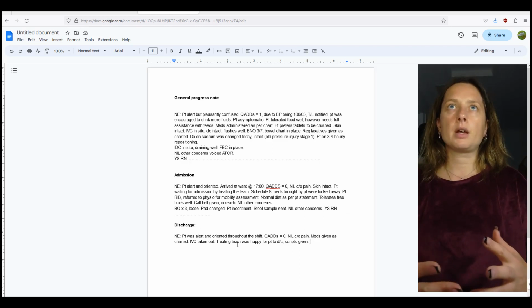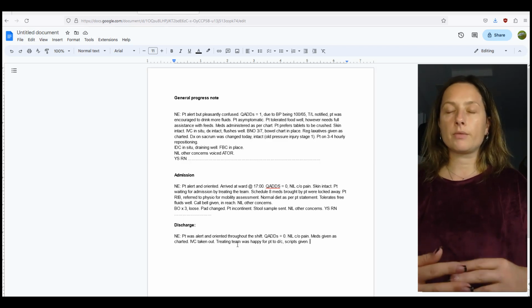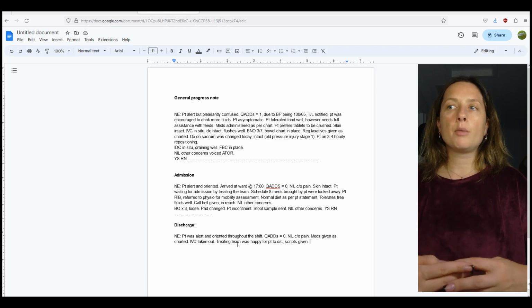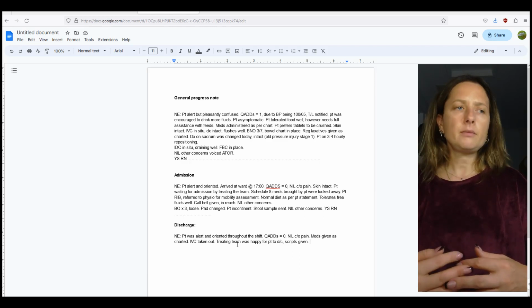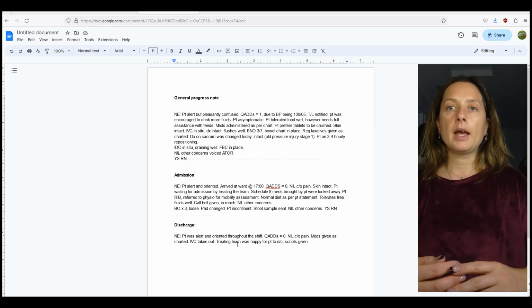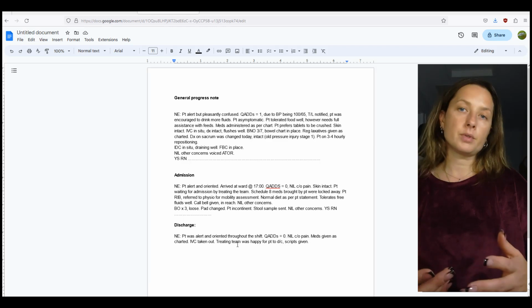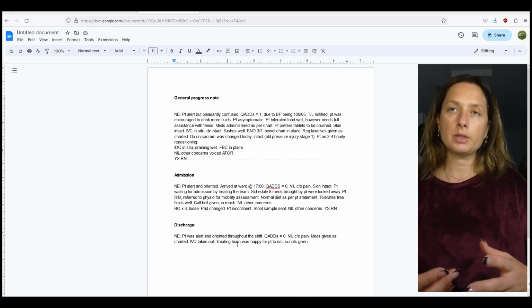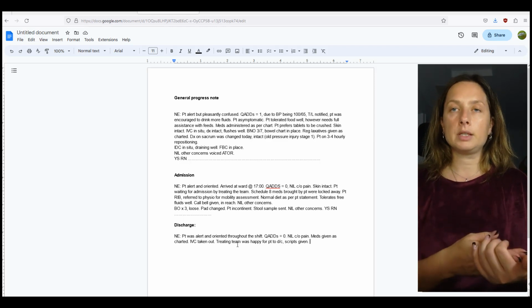For example, if someone had sepsis or UTI and that was the reason for admission to the hospital, the person would be on some sort of IV antibiotics for some period of time, and then when they become more or less stable, they would change to oral, and pretty much if they are still stable, they can go home on oral antibiotics. So for that, they would need a script.